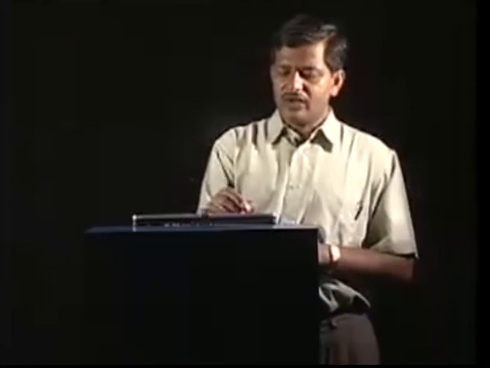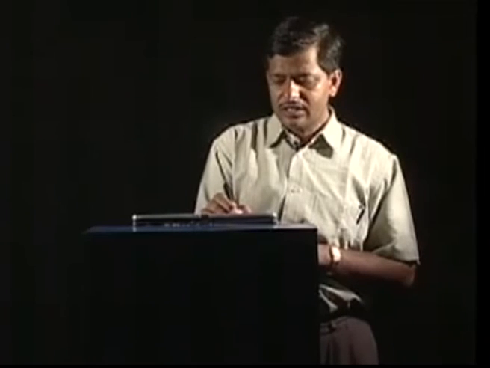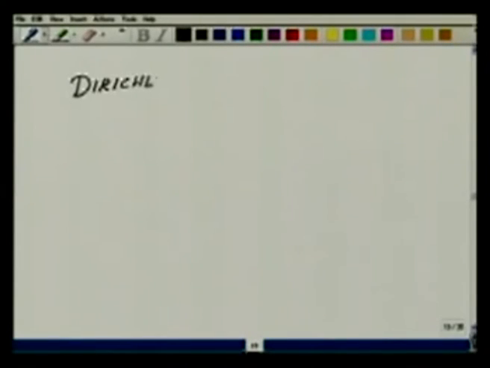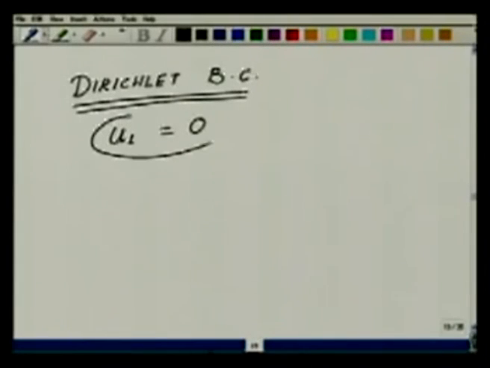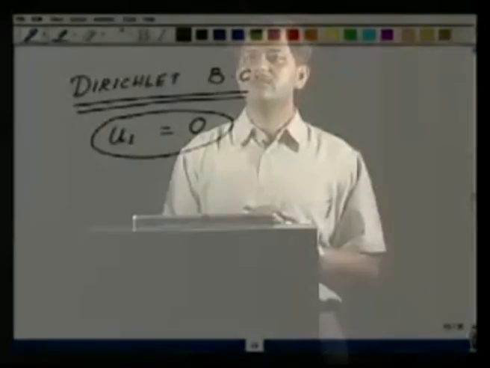In the next lecture, we are going to talk about how to apply the Dirichlet boundary conditions. This is a little bit more involved, and we have not yet applied it in a problem. We know that out of the Dirichlet conditions, u1 should have been 0. So how do we impose u1 is equal to 0?